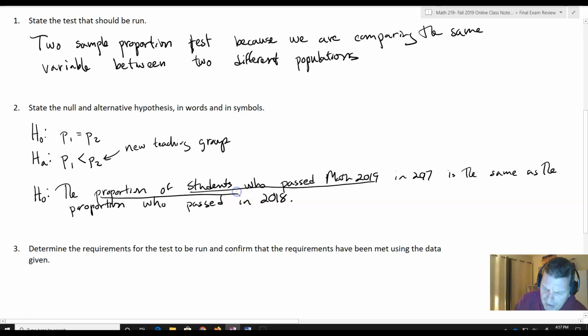It's the proportion of students who passed. Those are my variables. I define what my variables are when I'm writing out my null and alternative hypothesis.